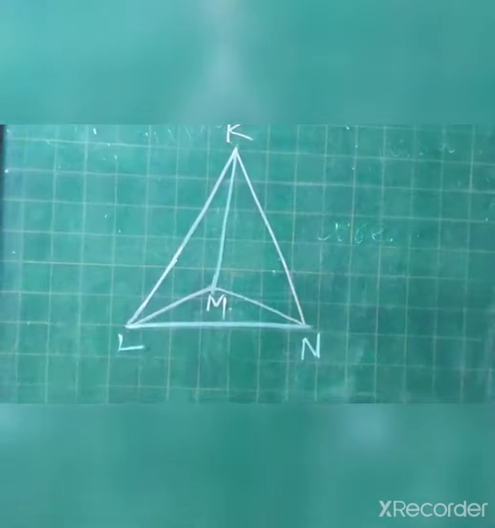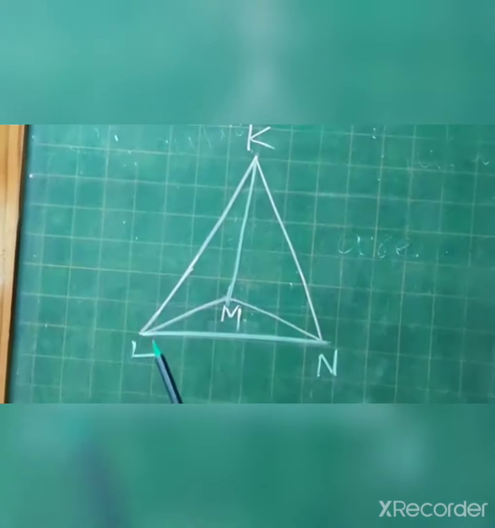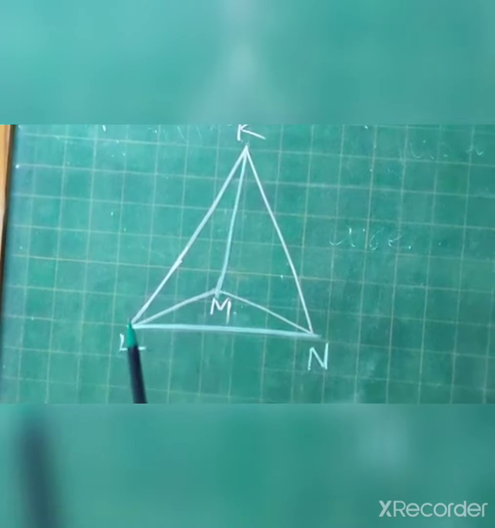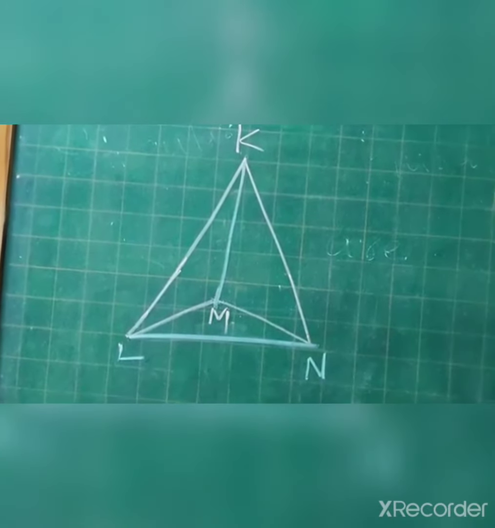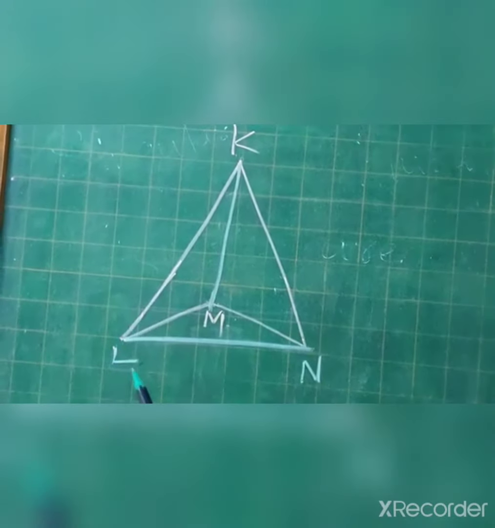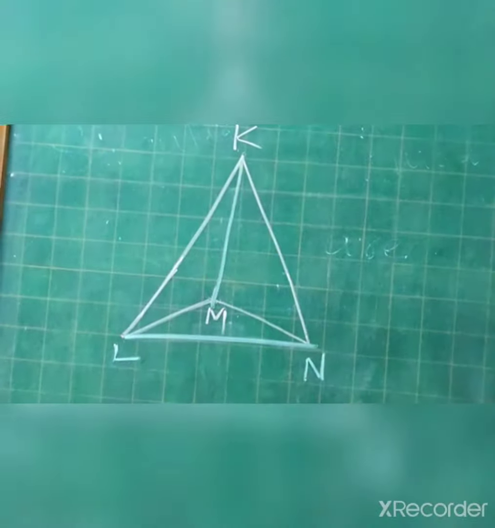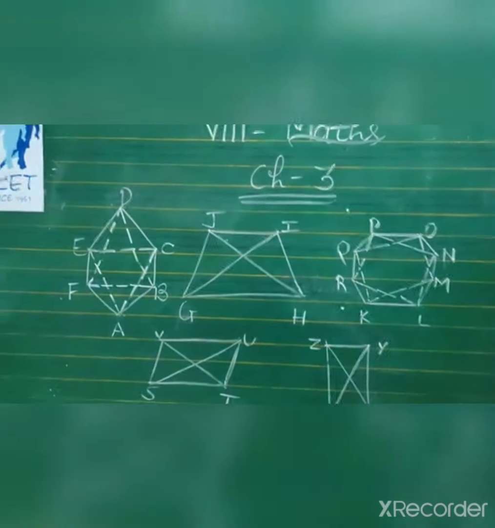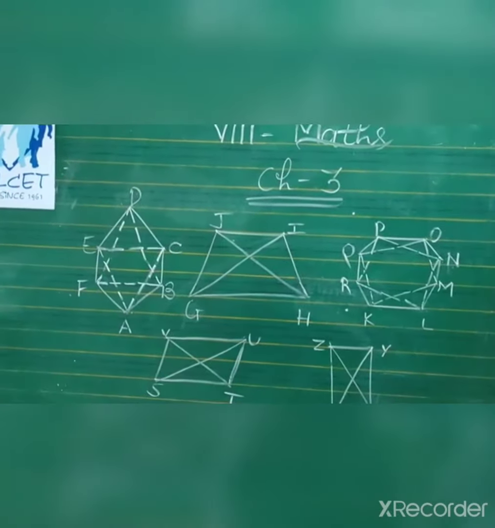Now the diagonals of this figure, so here point K and here point M. When we join L to N, a diagonal is there, and K, here N and here L. So when we join K to M, in this figure you can see two diagonals. Okay, these are all convex polygons.